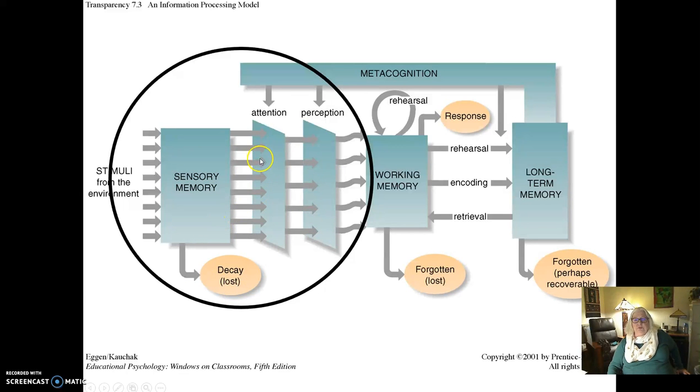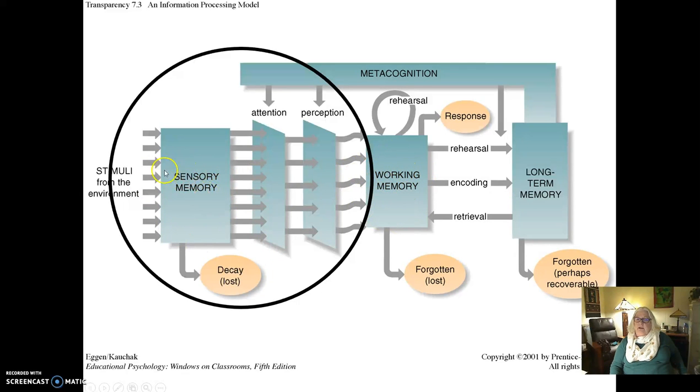So in a classroom, or even here taking this course online, you have other sensory information competing for attention. You have to use selective attention to figure out what is most important, what you really need to pay attention to, and take that into working memory so that you think about it.